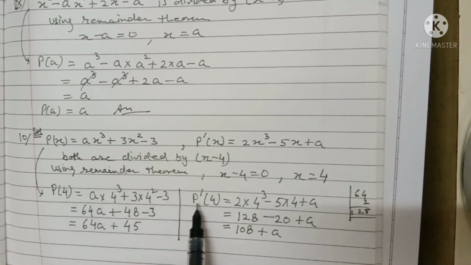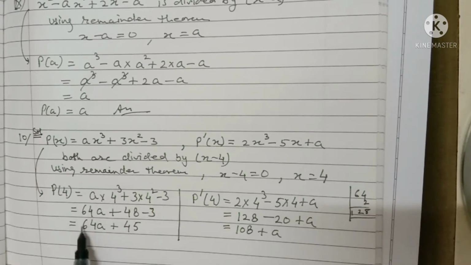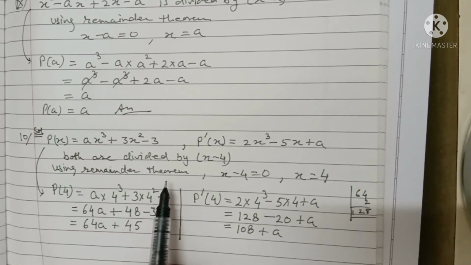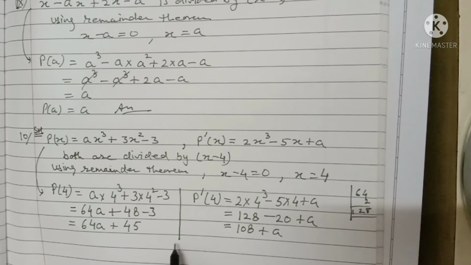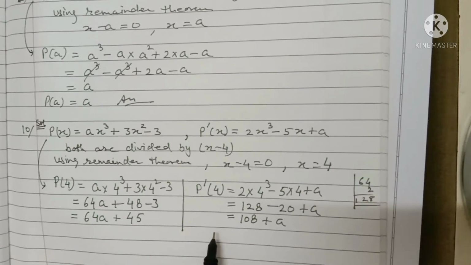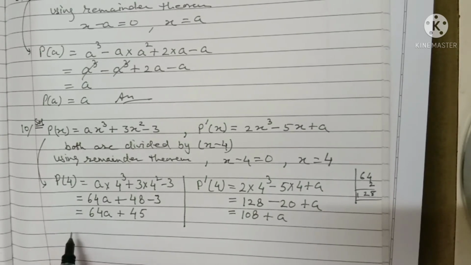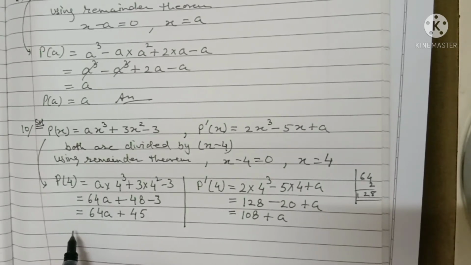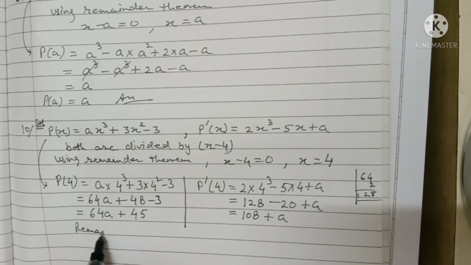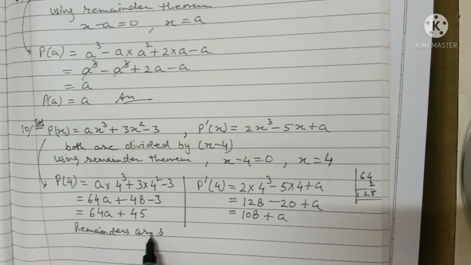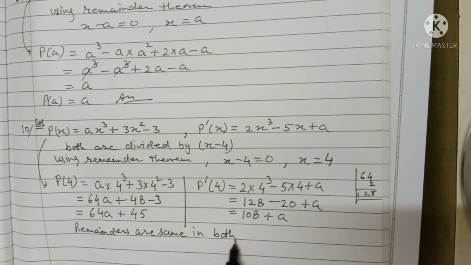This is P(4), this is P'(4), and this is a remainder, this is also a remainder, and both are equal. As according to the question, it is given that the remainders are the same, so equate both remainders. So write down: remainders are same in both cases.